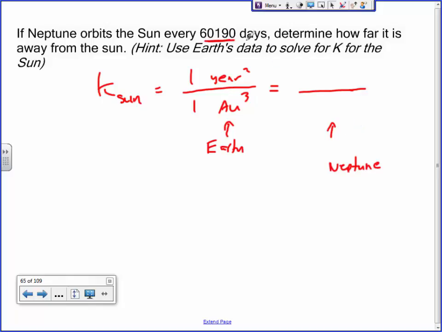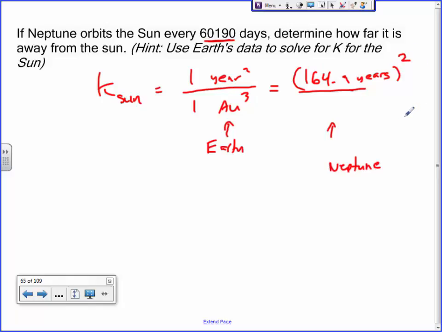Well, the only value I gave you for Neptune was that many days. Can we convert that many days into years? 164.9. Thank you. 164.9 years. But we're going to have to take that number and square it, because that's what the formula calls for, right?